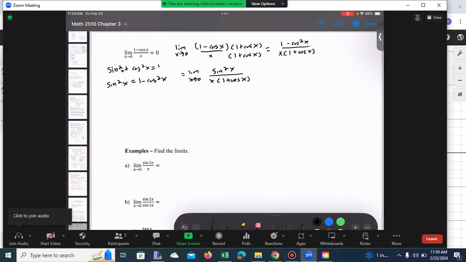Then we're going to break this into two factors multiplying each other. The first is the limit as x goes to 0 of sine x over x, and we'll have the limit as x goes to 0 of sine x over 1 plus cosine x.